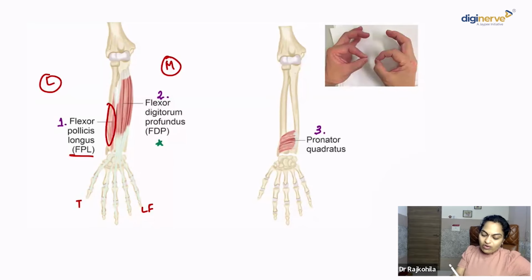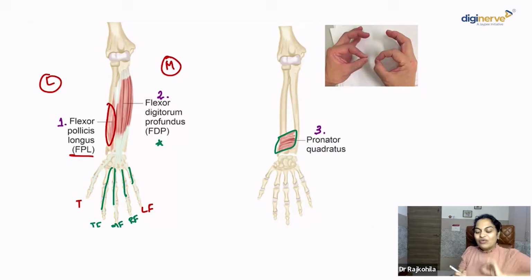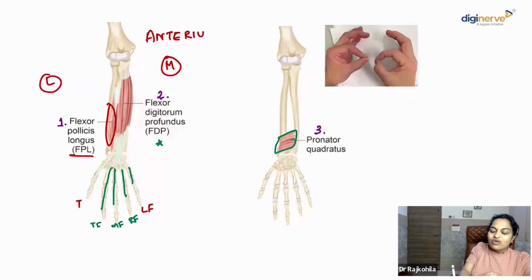flexor digitorum profundus dividing into four tendons for the index finger, for the middle finger, for the ring finger and the little finger. And then this is the pronator quadratus. You know what? All these three muscles are going to be innervated by a branch of the median nerve called anterior interosseous nerve.